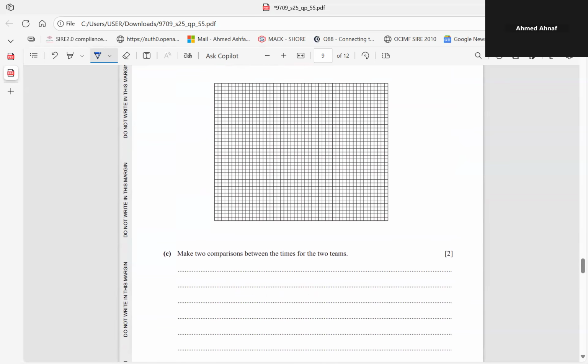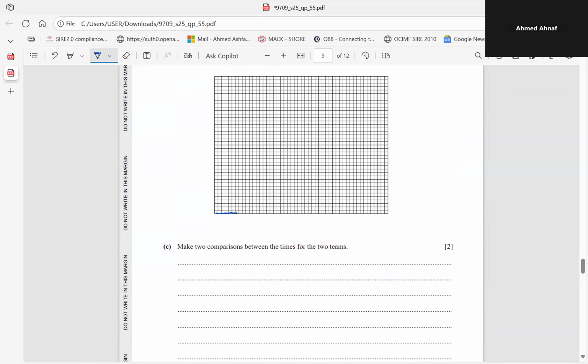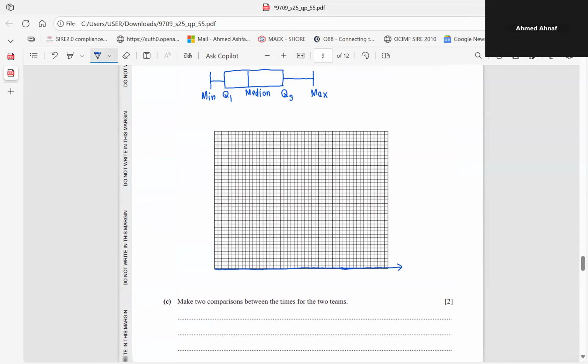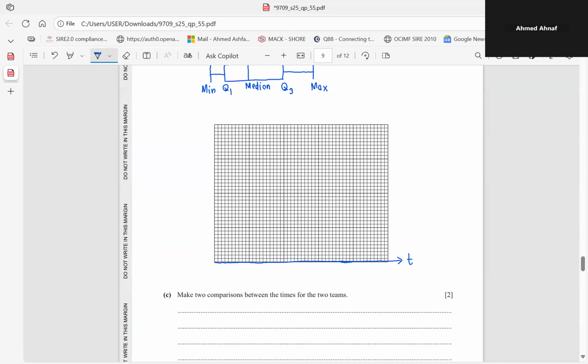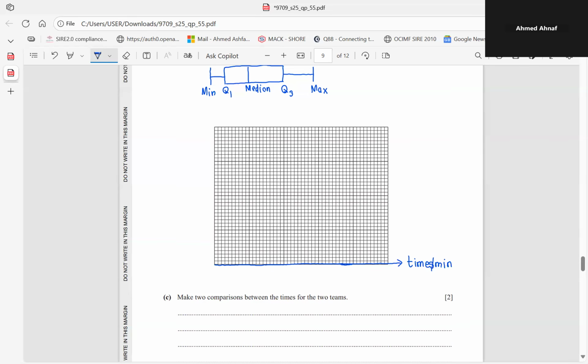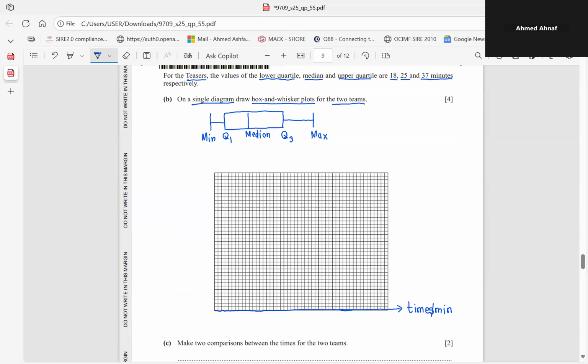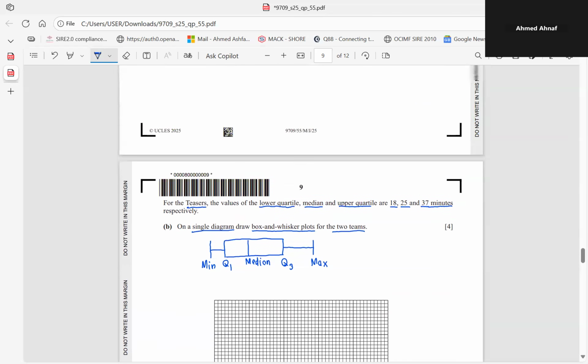First, what we should do is label our horizontal axis. By the way, when you're doing this in the exam, please make sure to use a ruler. So this is times in minutes.